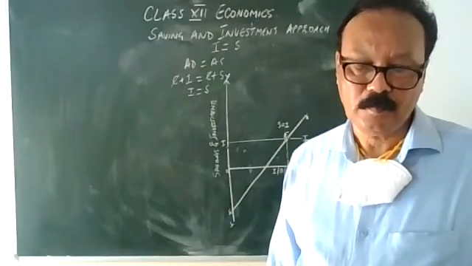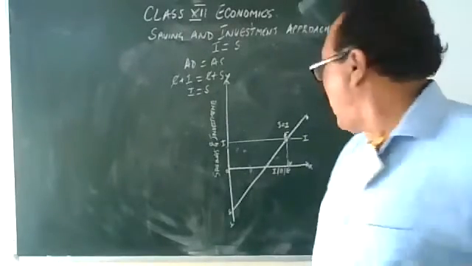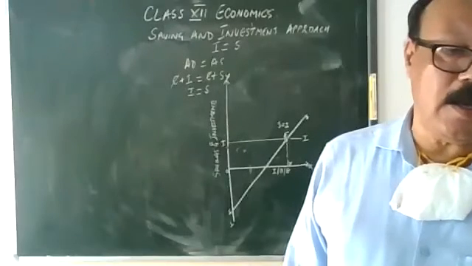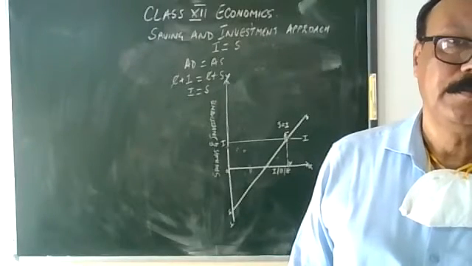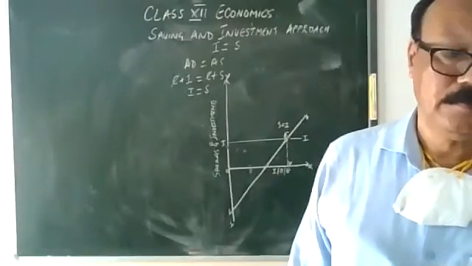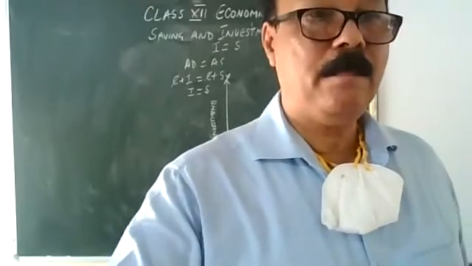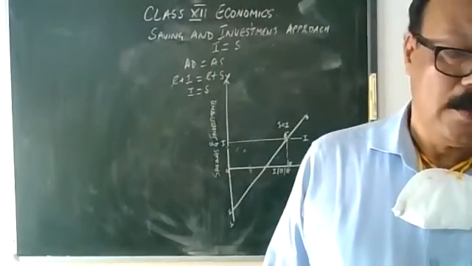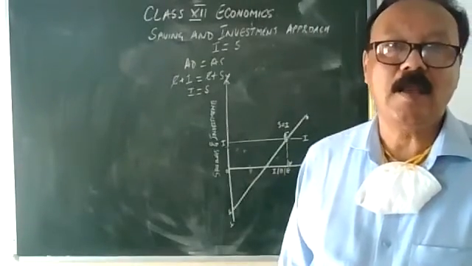First, in the diagram, the equilibrium level of income and output is that level at which planned savings and investments are equal.